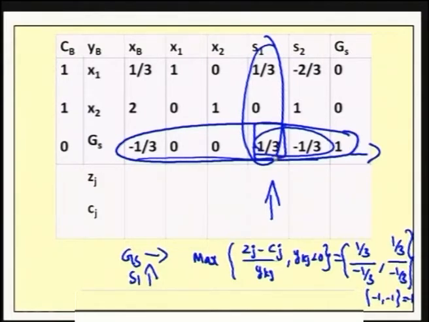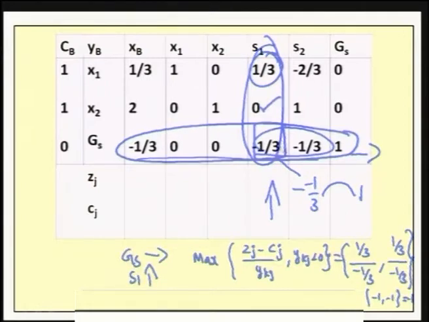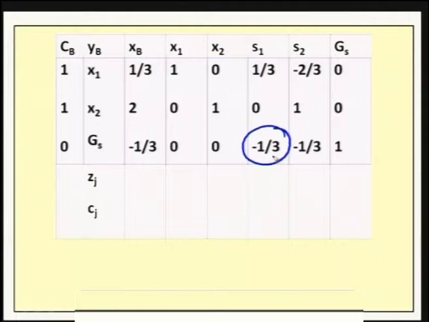In the next step, our aim is to convert this minus 1 by 3 into 1 and the remaining two elements in the column into 0. One is already 0, so there is no need for any row operation there, and we have to convert this 1 by 3 into 0. First, I have to convert this minus 1 by 3 into 1.